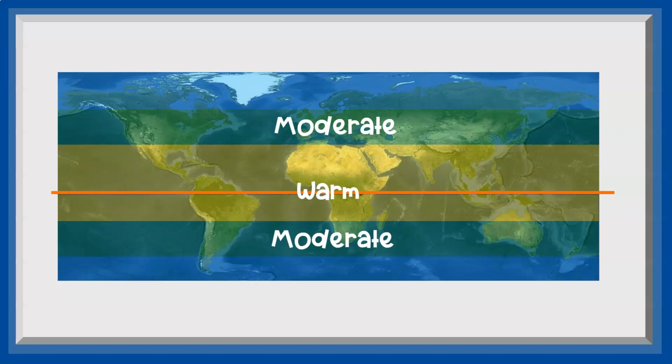That means sometimes it's warm and sometimes it's cold. The blue area is cold. This means that all year long in these places, the weather is cold.